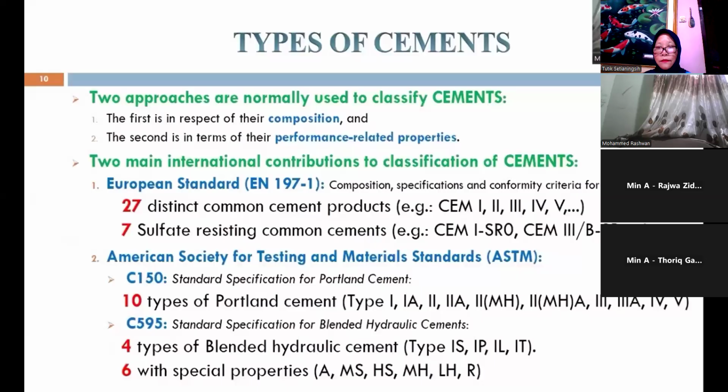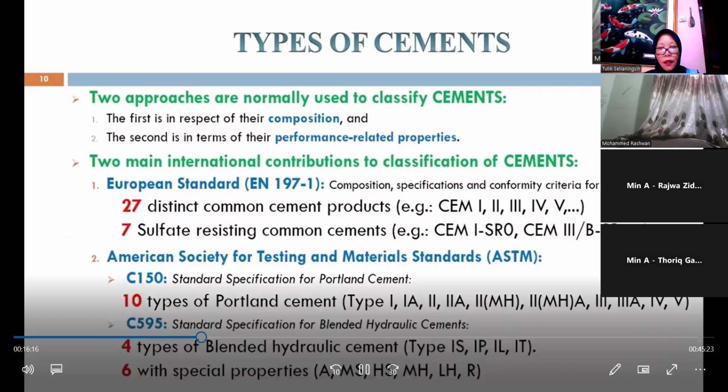Now we would like to speak about types of cement. There are two approaches normally used to classify cement. The first approach is based on composition, and the second is based on performance, like strength and setting times.